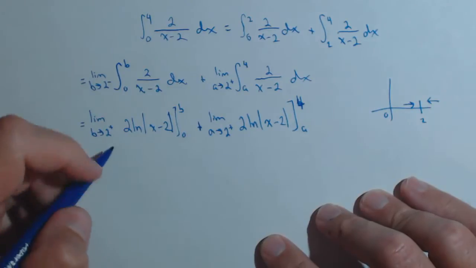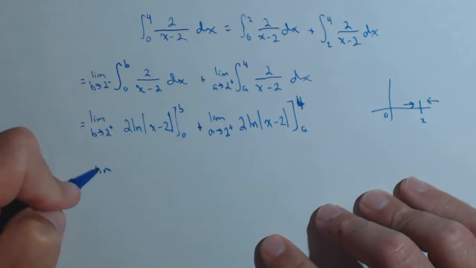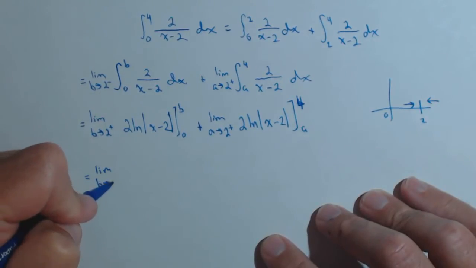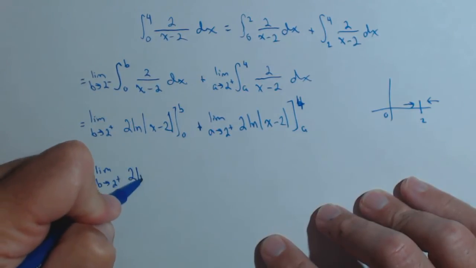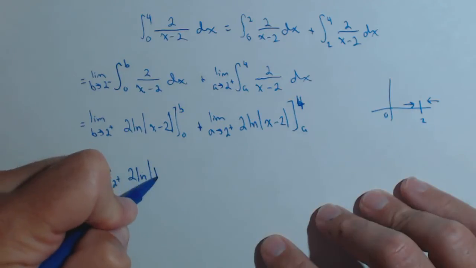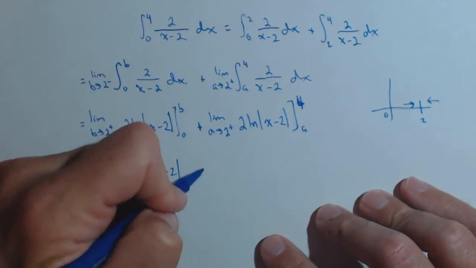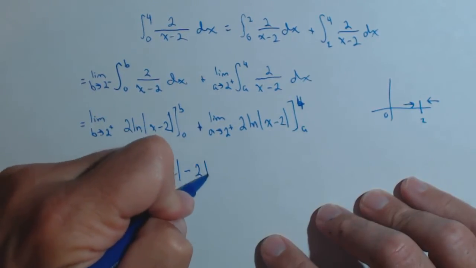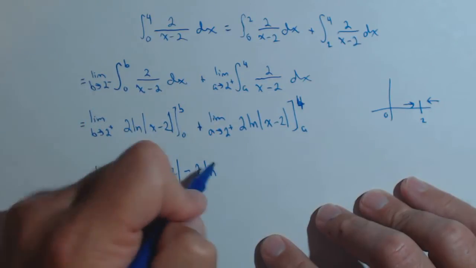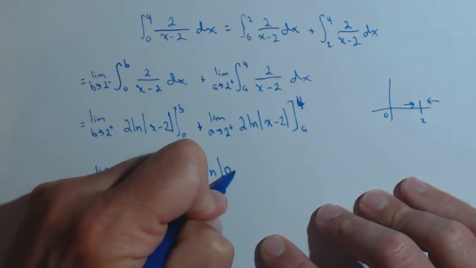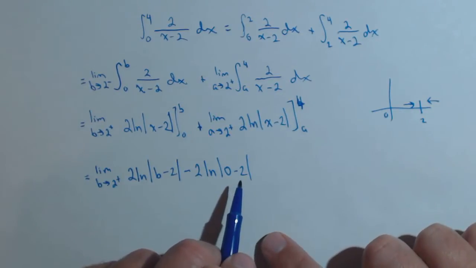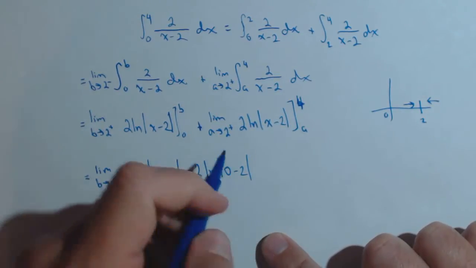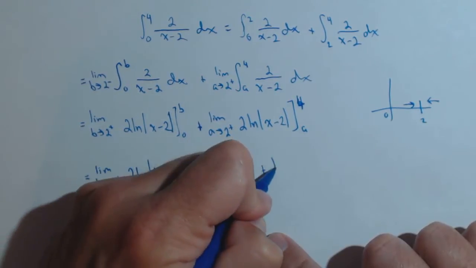I know we're using limits in 2 different ways, so I try and keep that from getting too confusing. Limit as b goes to 2, this is going to be 2 ln of the absolute value of b minus 2 minus 2 ln absolute value of 0 minus 2. Now you can see why we need those absolute values in there. Over here, plus, it's going to be very similar.